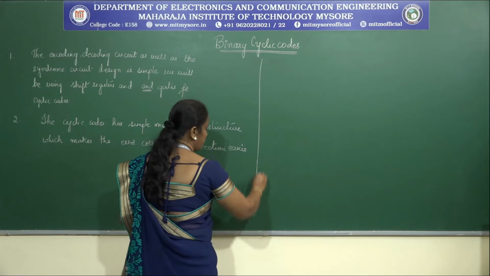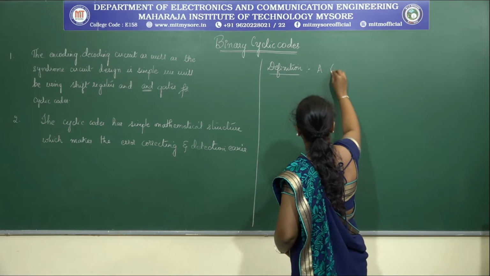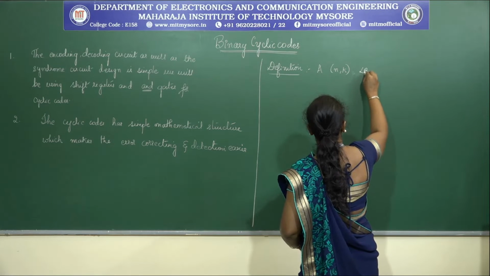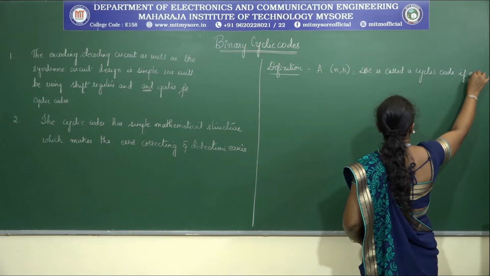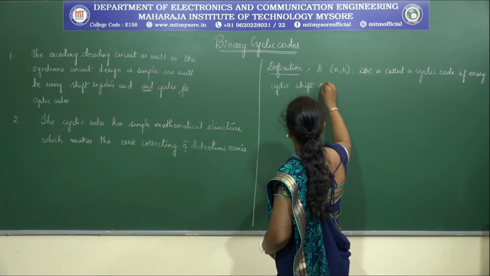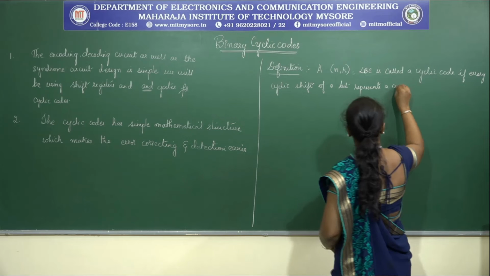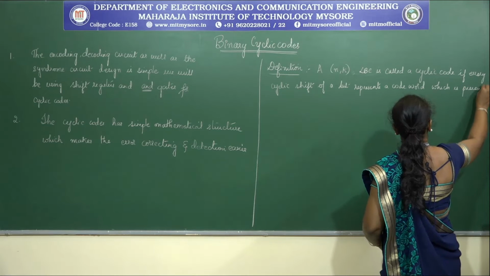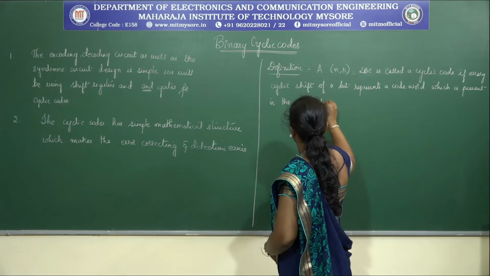Next, let us see the definition of a cyclic code. As in the case of LBC, an (n, k) linear block code is called a cyclic code if every cyclic shift of a bit represents a code word which is present in the code vectors.